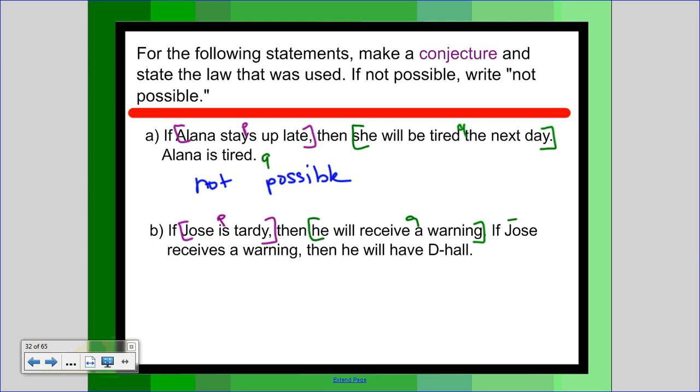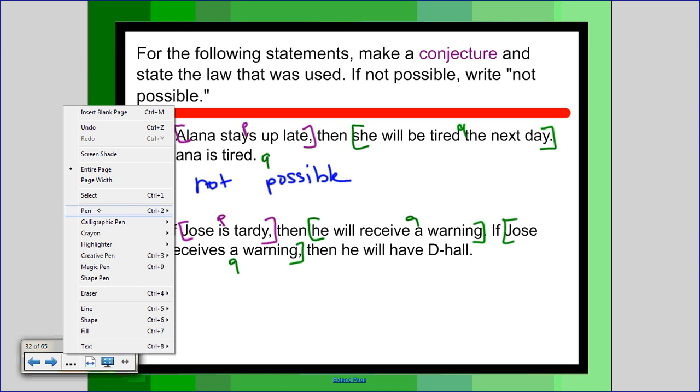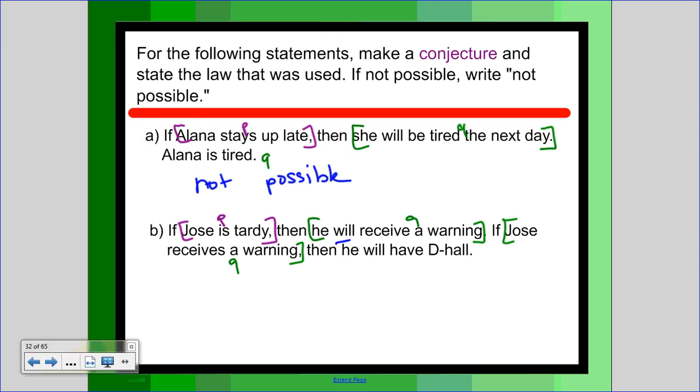That was Q from above. So it's still Q again. Then he will have D Hall. That's some new information, so we need to introduce our new variable R. So far, it is following the law of syllogism pattern.